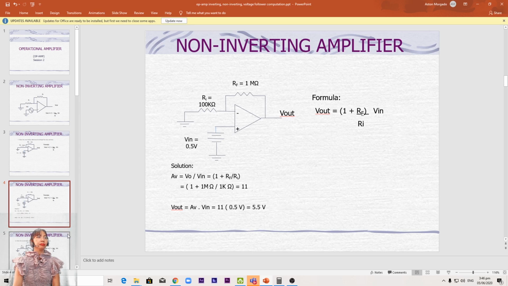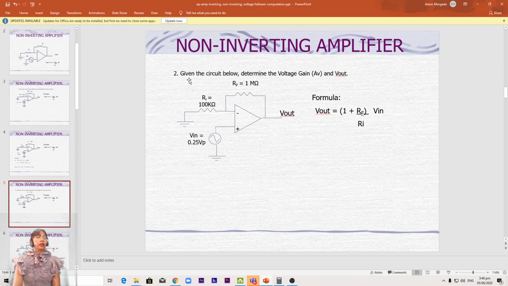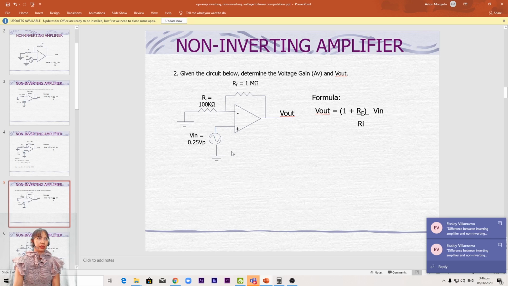Okay. Next. Given the circuit below, determine the voltage gain and Vout. We have a feedback resistor of 1 meg, input resistor of 100K, and Vin of 0.25 volts peak. Take note, in this example we have an AC input, alternating current.